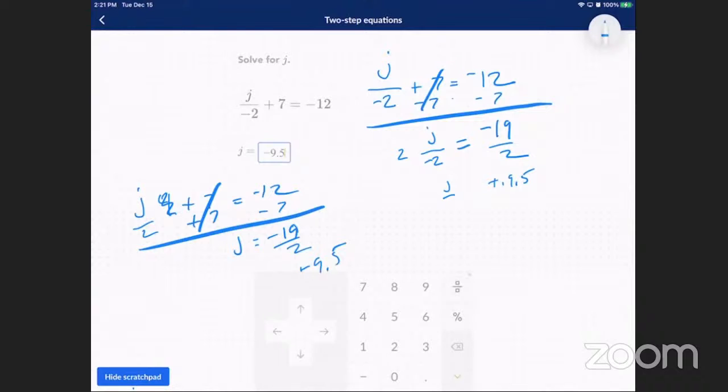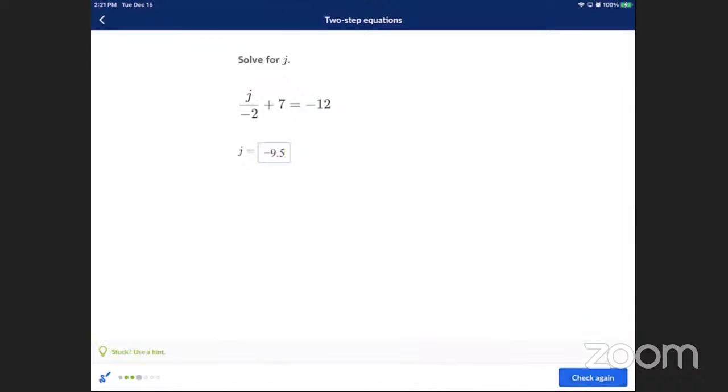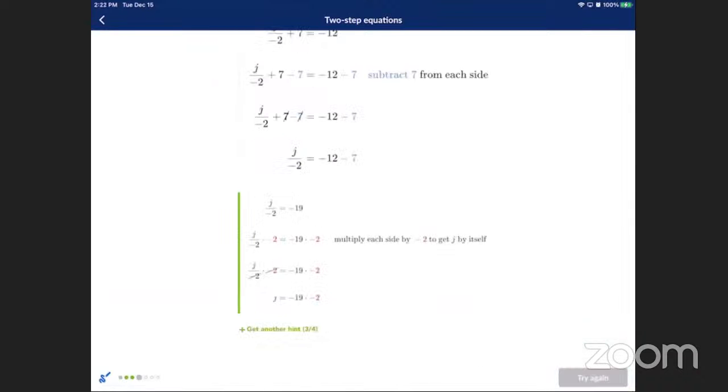And then having the 2 on this side, you would multiply by 2, and then you would get J by itself. Or you don't do that. Let me see what I did wrong. Yeah, multiply by negative 2, and you get J by itself.